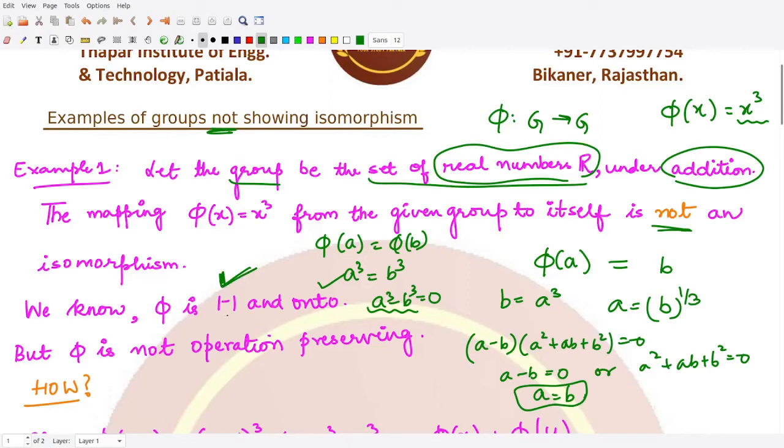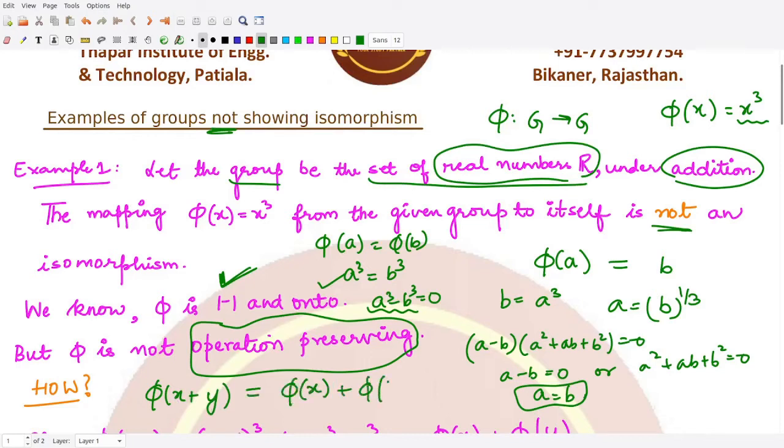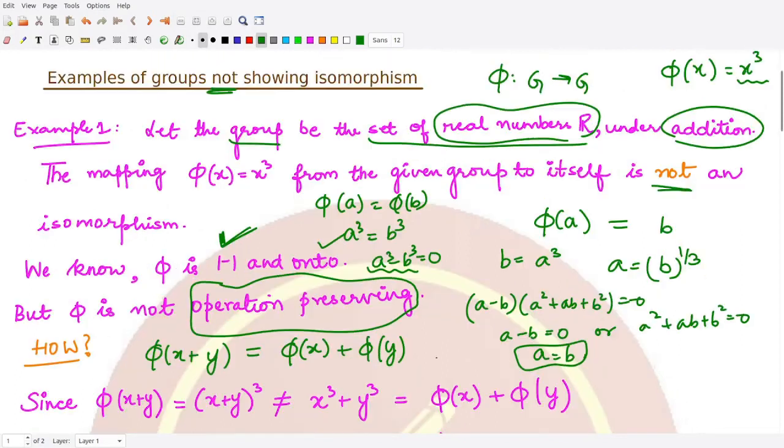Now this phi is not operation preserving. Let's see how. Here we wanted to prove that if you take two elements x and y from the given group, then phi of x plus y should be equal to phi of x plus phi of y, right? So this is the property here. Now phi of x plus y is (x plus y) whole cube, and you know this is not equal to x cube plus y cube because of the properties that we have learned about the cubes.